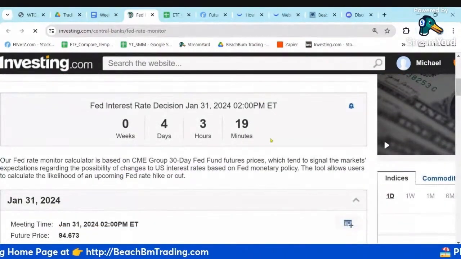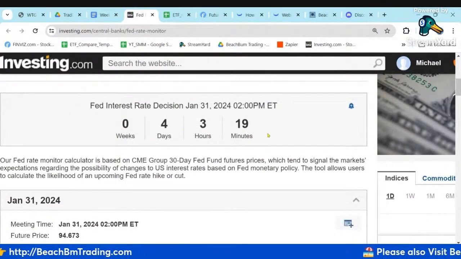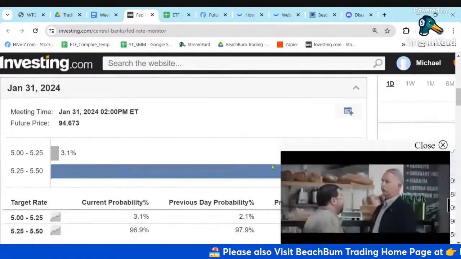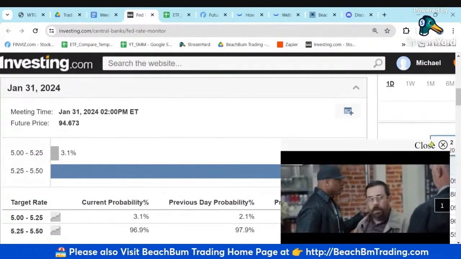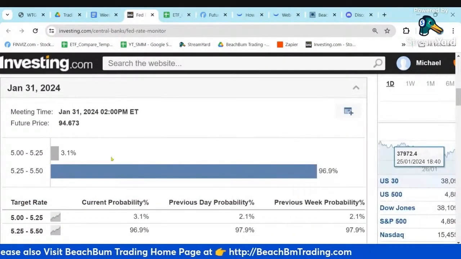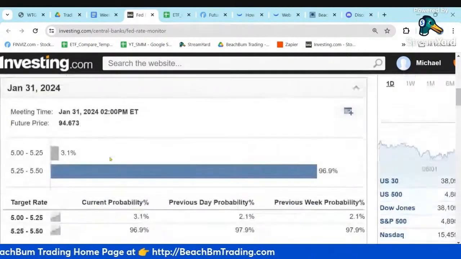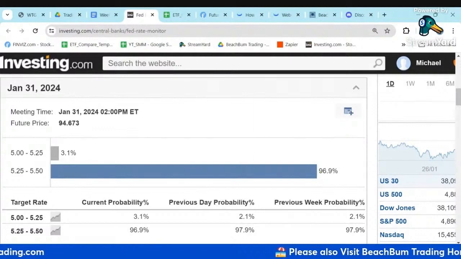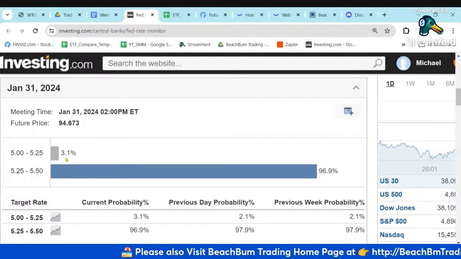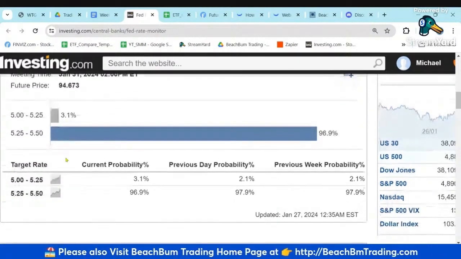So you can see we've got a countdown clock for when the next Fed interest rate decision is, January 31st at 2. We can see what the probability is. Right now the probability is very high that we're going to stay the same at 5.25 to 5.5, with just a 3% chance of a cut.